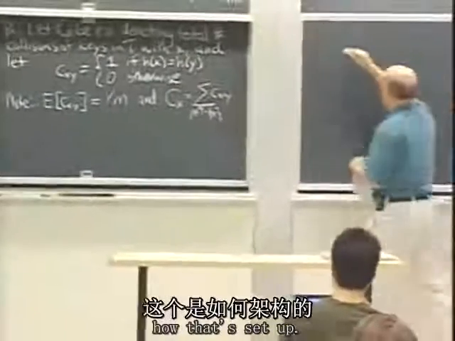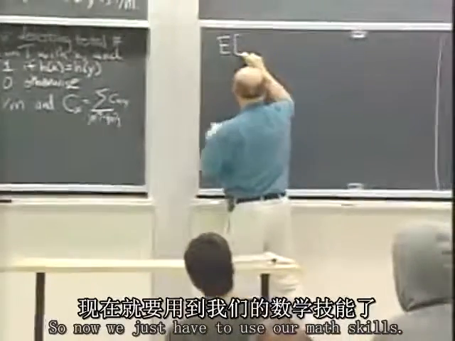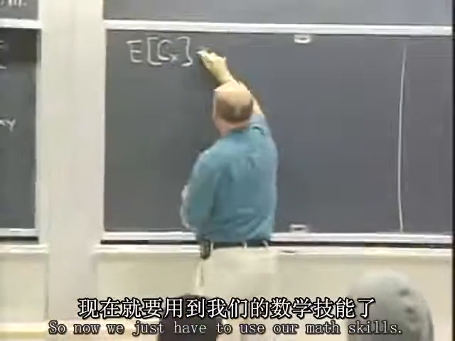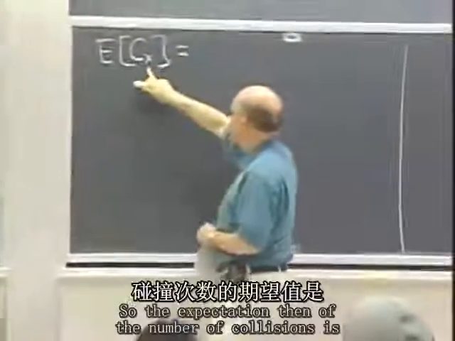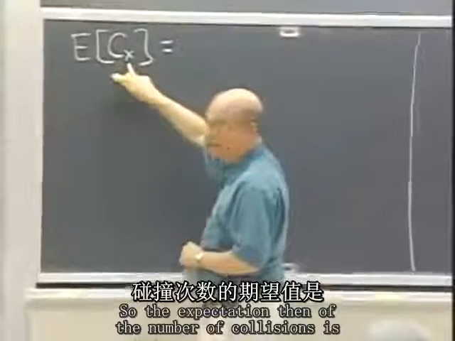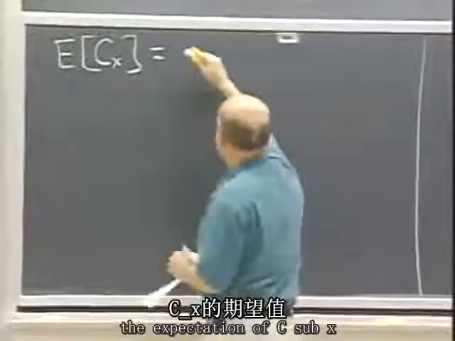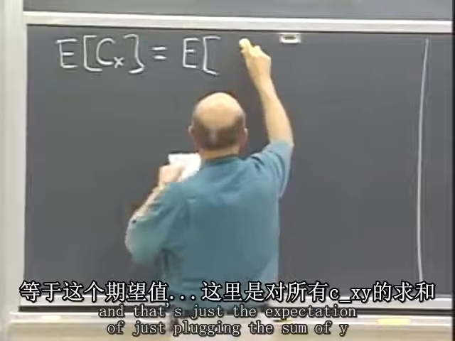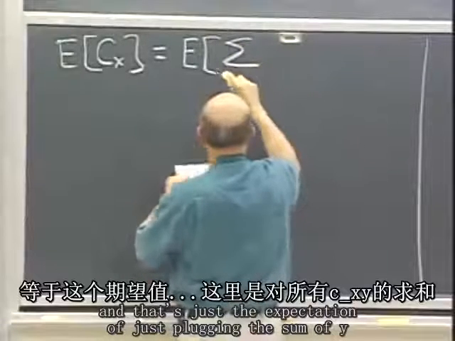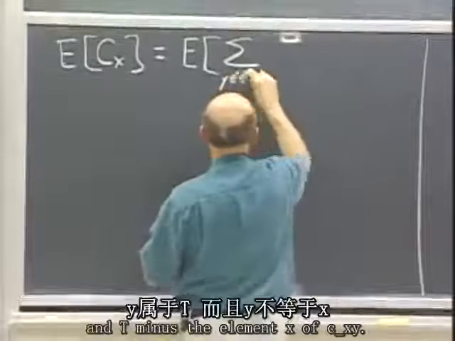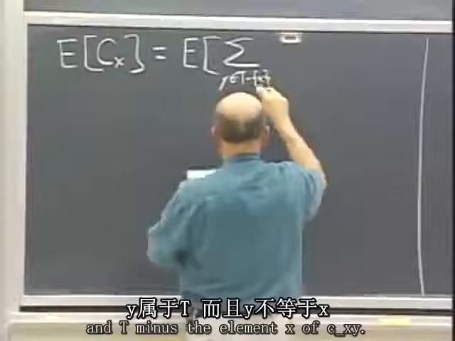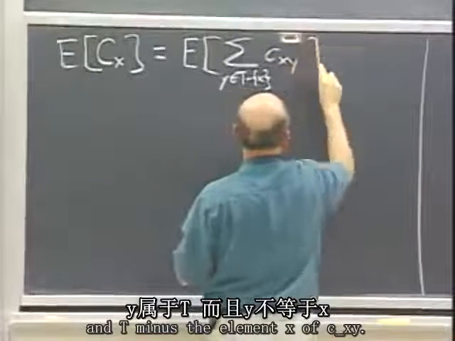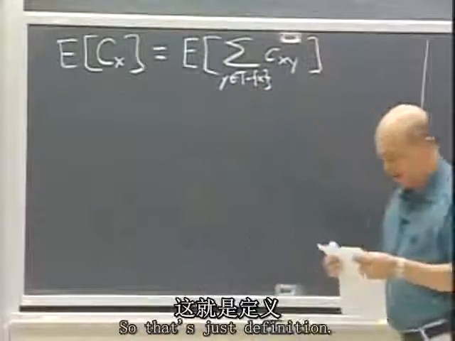So now we just have to use our math skills. The expectation of the number of collisions is the expectation of c sub x. And that's just plugging in the sum over y in t minus the element x of cxy. So that's just definition.